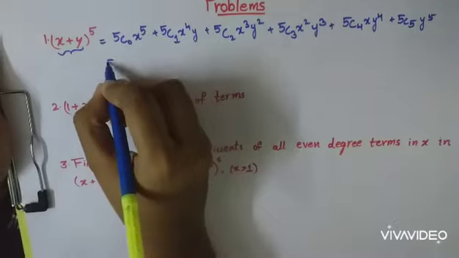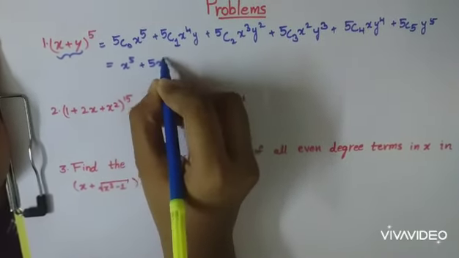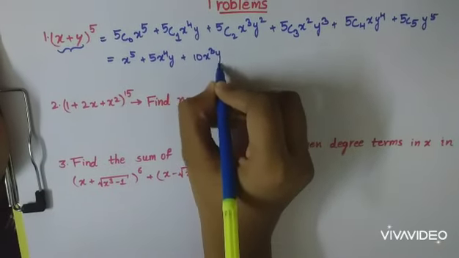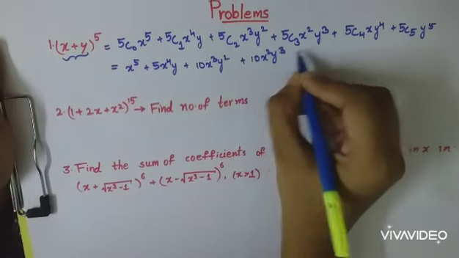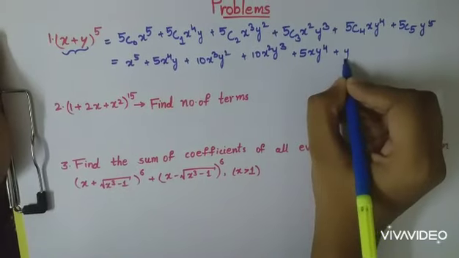If we simplify further, we get x power 5 plus 5 x power 4 into y plus 10 x cube y square plus 10 x square y cube plus 5 x y power 4 plus y power 5.